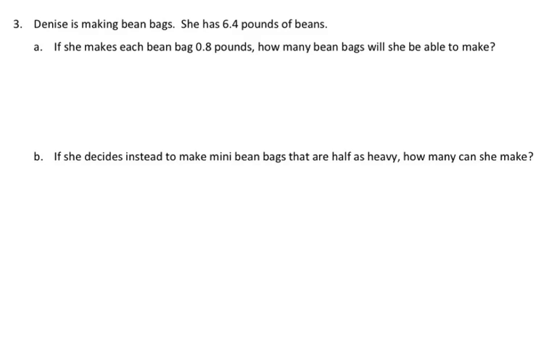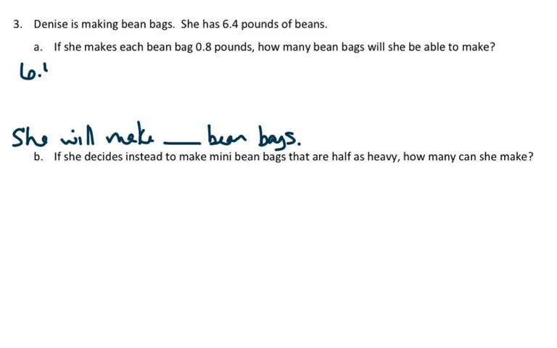So let's look at part A and write a target sentence for that. And it reads, she will make blank bean bags. So she has 6.4 or 6 4/10 pounds of beans, and she wants to make bean bags that are 8/10 of a pound. So we have, let's do this as a fraction, and I'm going to multiply both the numerator and the denominator by 10.